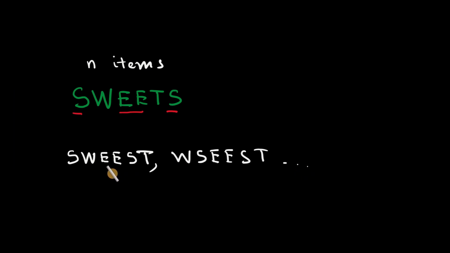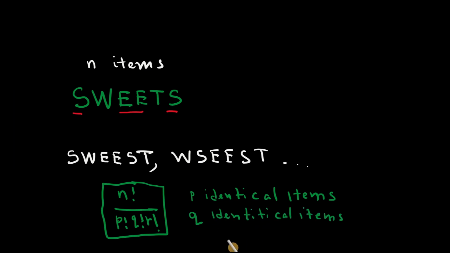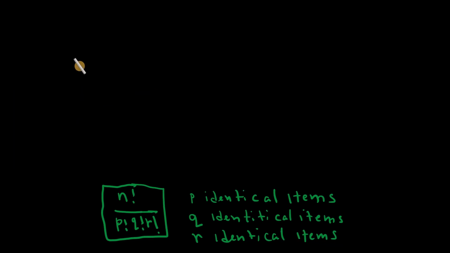You can see EE is the same like here. So to permute with such repetitions, we can use the formula n factorial over p factorial, q factorial, r factorial, where p stands for p identical items, q stands for q identical items, and r also stands for r identical items.